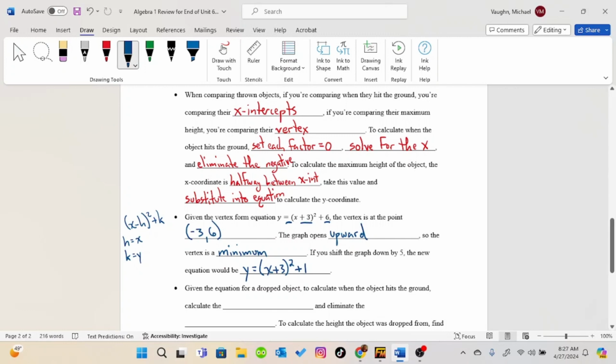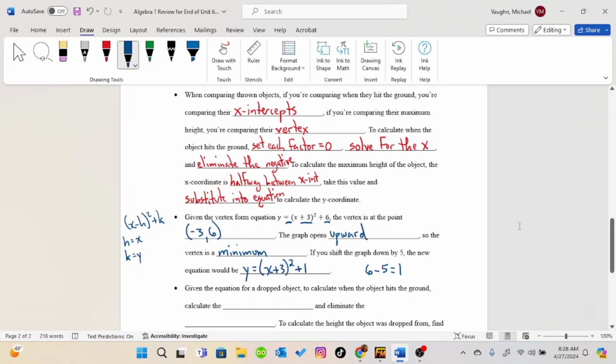So if that is currently 6, we need to subtract 5, and now we have 1. So instead of the vertex being at positive 6, shifting it down 5 spots would put it at positive 1.